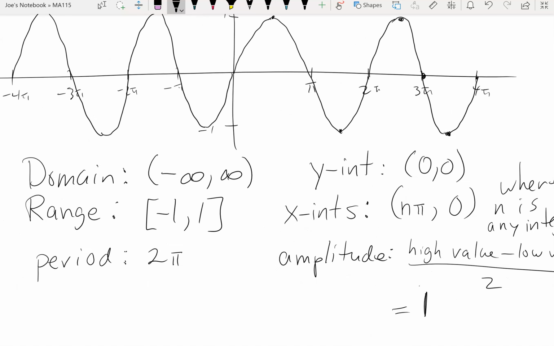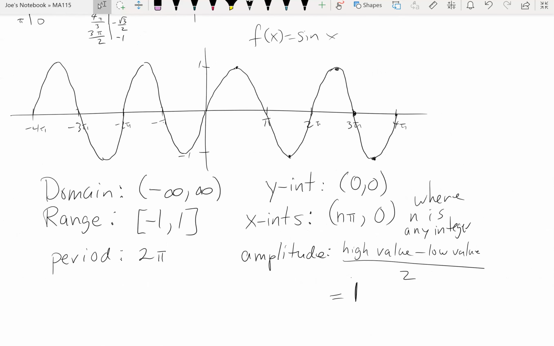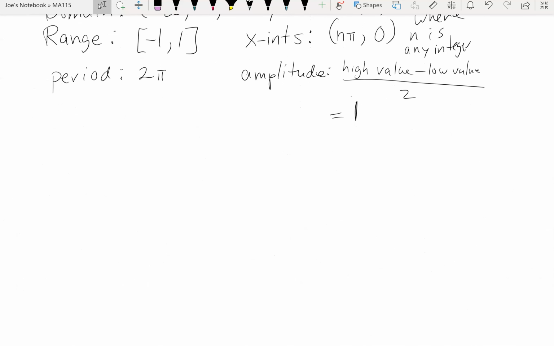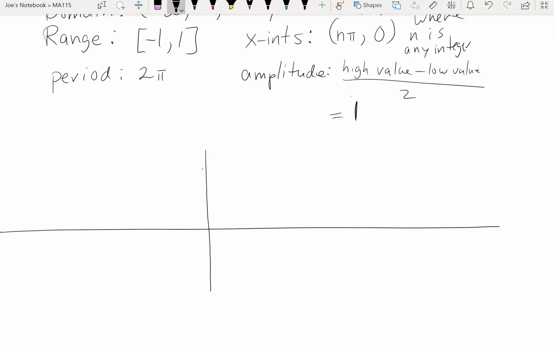Well, let's do the same thing for cosine. I'm just not going to spend all the time calculating points. I'm just going to draw the graph here. All right, so for your function f of x equals cosine of x, I'm just going to get a few values here.